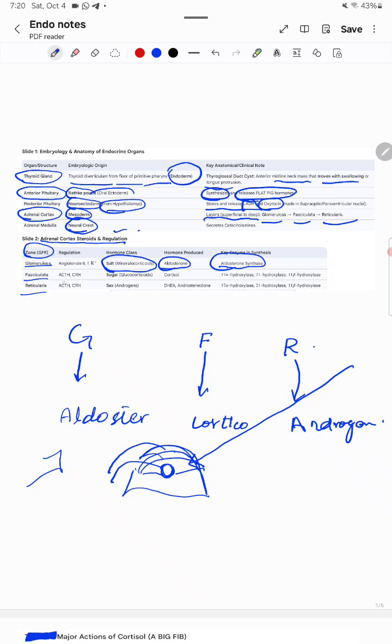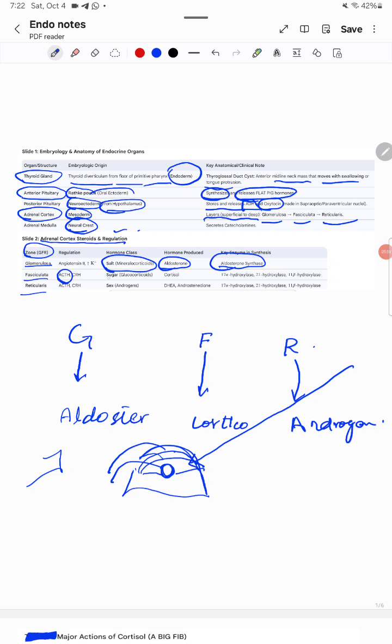Then fasciculata. So fasciculata is regulated by adrenocorticotropic hormone from the pituitary gland and corticotropin releasing hormone which is from the hypothalamus. Okay, and it is glucocorticoid, sugar controlling. Okay, then hormone produced. So the hormone produced is cortisol.